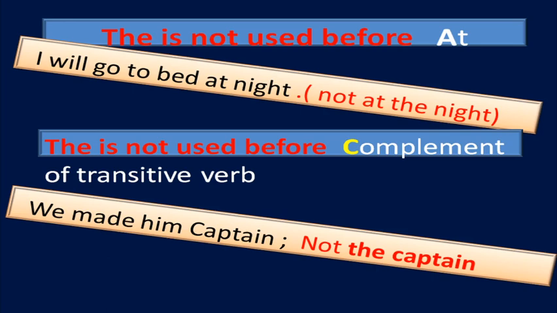Here captain, we made him captain, right? Here captain is complement. So you should not use "the" before captain, before complement. We made him captain. We should not use "we made him the captain." In one word, you should not use "the" before complement, right?